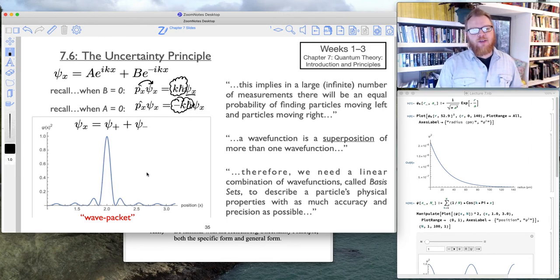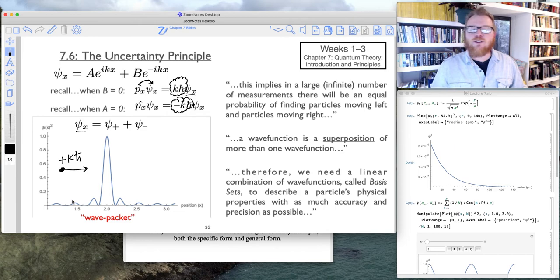So I can think of that now as some total wave function being psi plus and psi minus related to each of these two terms, okay? And in the case for psi plus, we could view that as a particle with momentum positive k h bar, and that means in this 1D scale, this would be a particle traveling in this direction, okay?